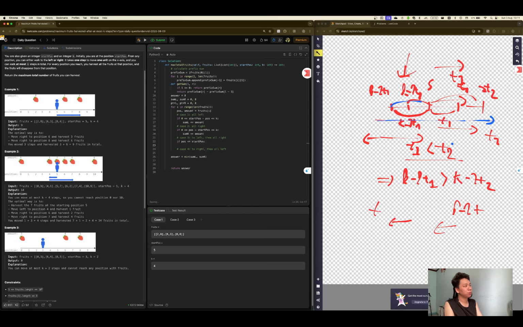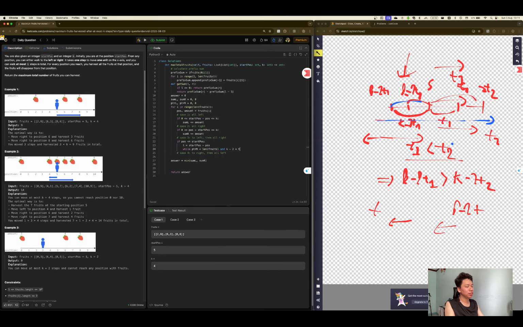Yeah, we could continue while point right is less than length of pos for sure, and you know the distance is from the start position minus pos, and this t is start pos minus pos, because k minus 2t, this is the remaining space.